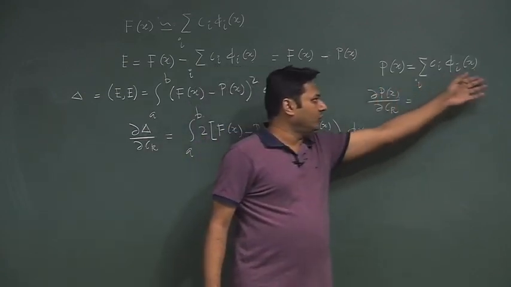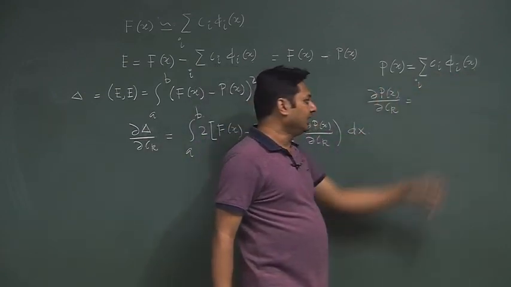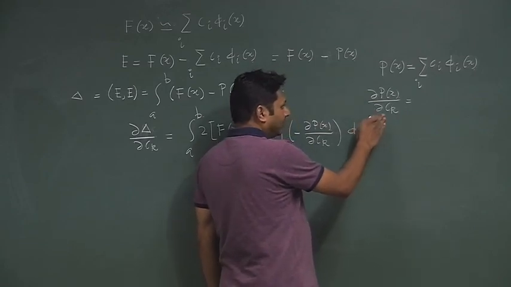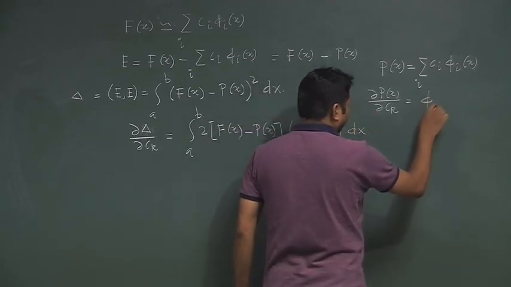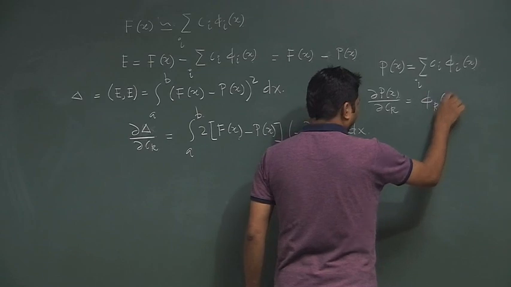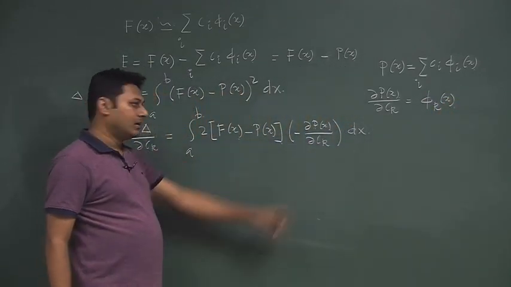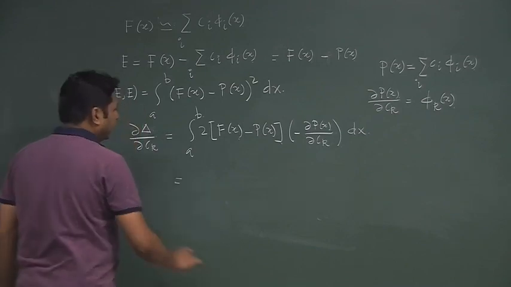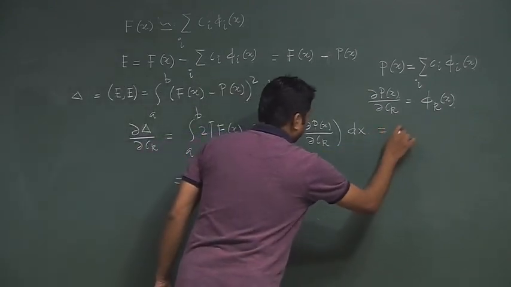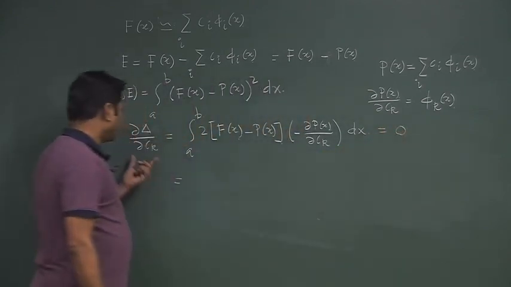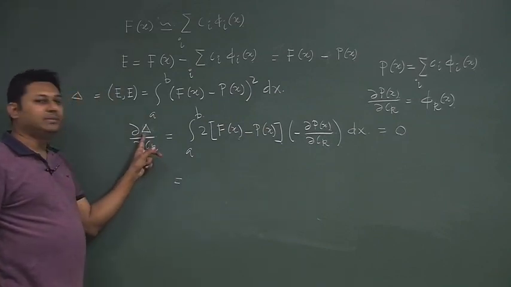It is a summation over that. One C_k is sitting there, and when I take the partial derivative with respect to C_k, I will only have phi_k in my hand here. This quantity is 0, because I know that this is minimized.